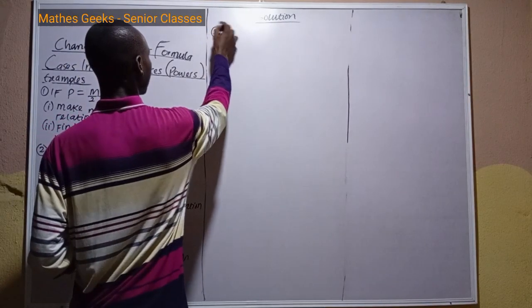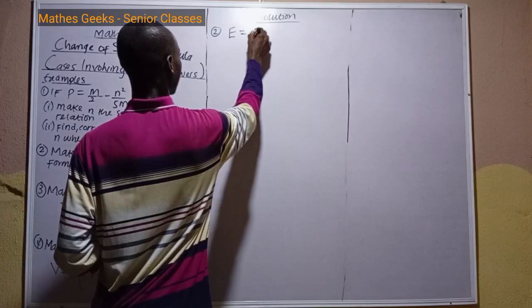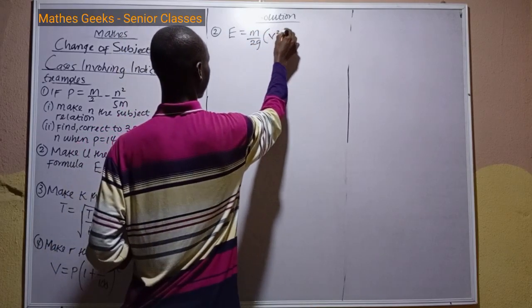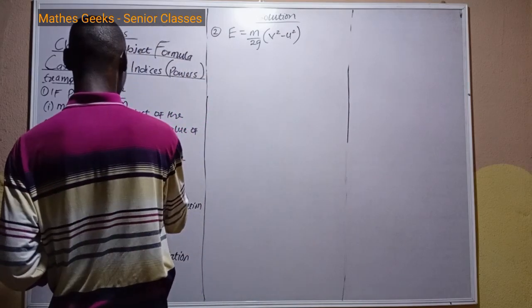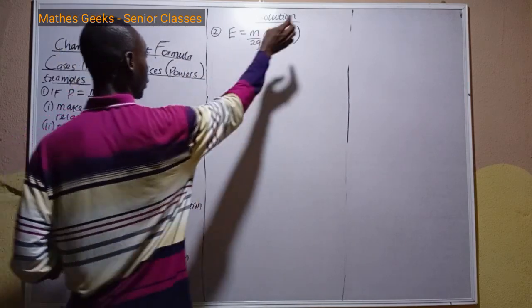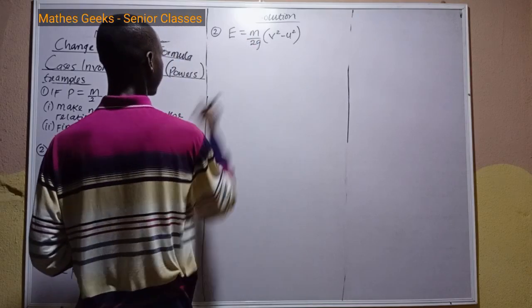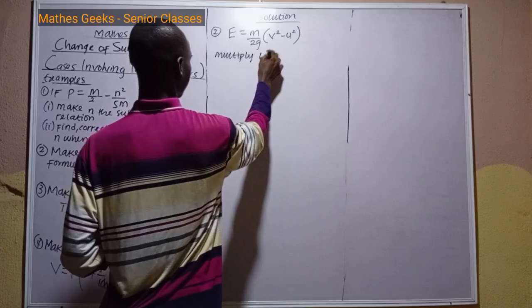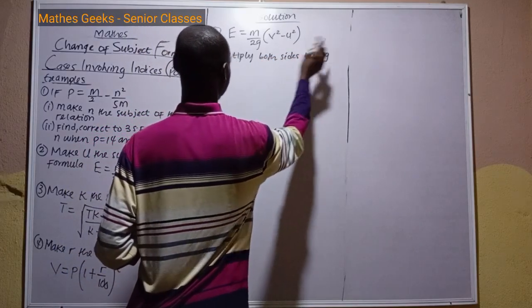So E is equal to m over 2g, v squared minus u squared. We have to make u the subject of the formula. For us to do that, let's eliminate 2g. So multiply both sides by 2g.